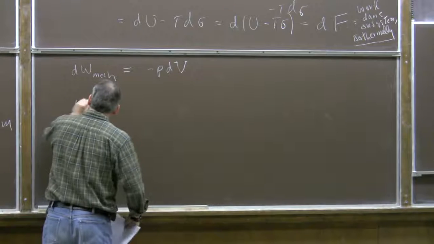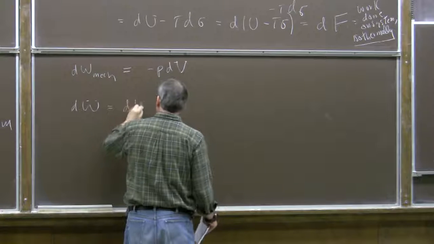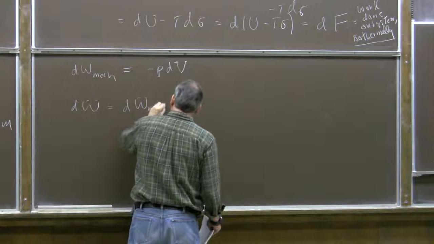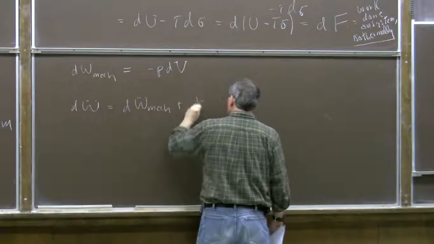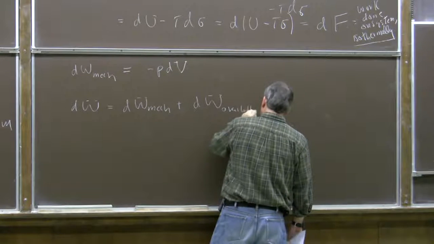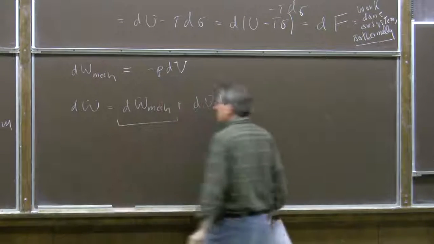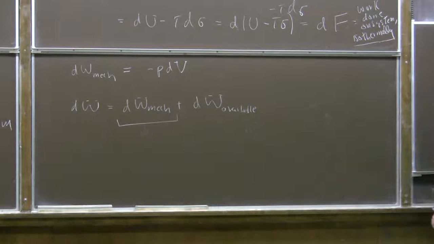In mechanical equilibrium, the total work done is the sum of this mechanical work plus the rest, which I'll call the available work. So this is work that has to be done just to maintain pressure equilibrium with the reservoir.